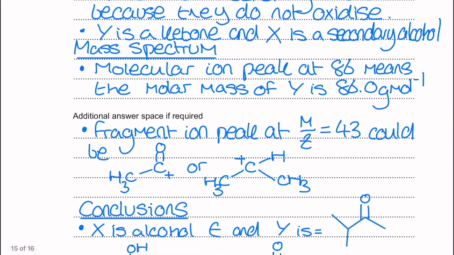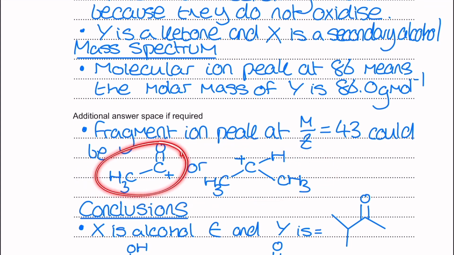Well, the mass spectrum is really useful for that, because the molecular ion peak at 86 means that the molar mass of Y, the product of oxidizing X, is 86.0 grams per mole. And the fragment ion peak is at 43, and that could be either of these two structures.